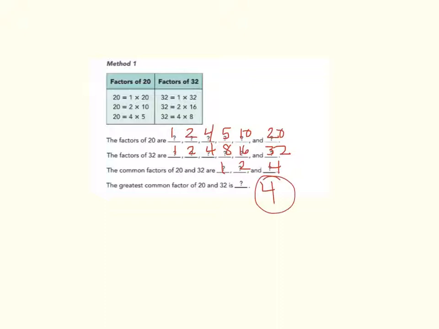Let's try method 2. Now let's find the common factors between 20 and 32 using the prime factorization method. First, we'll find the prime factors of 20. Since I used the bookcase method last time, I'll use this method.